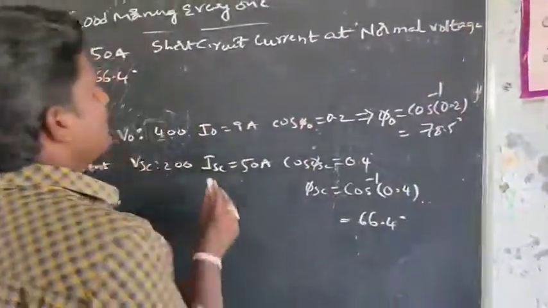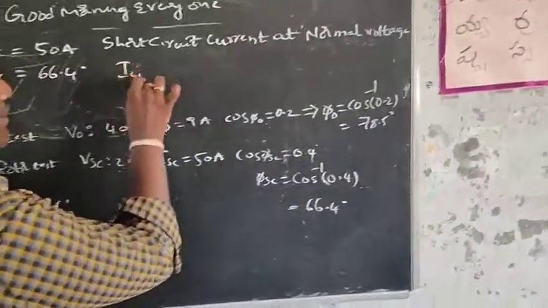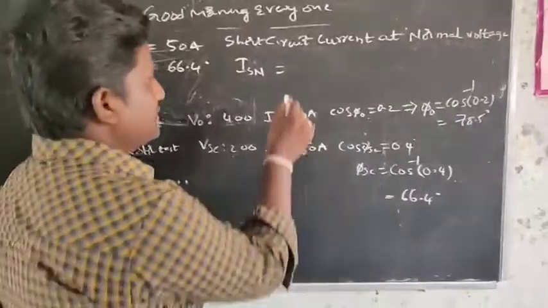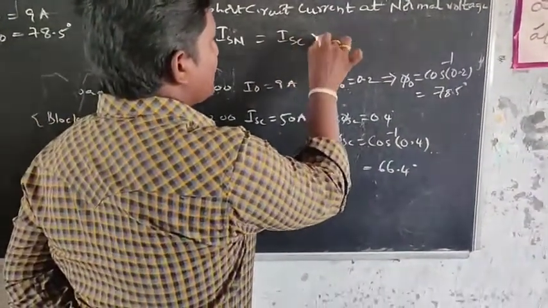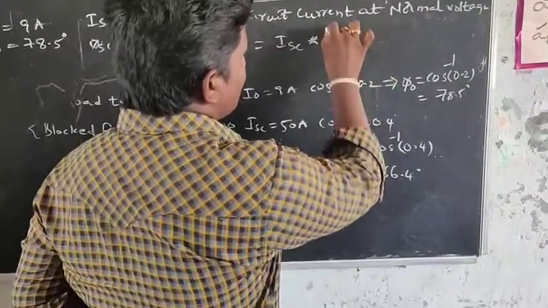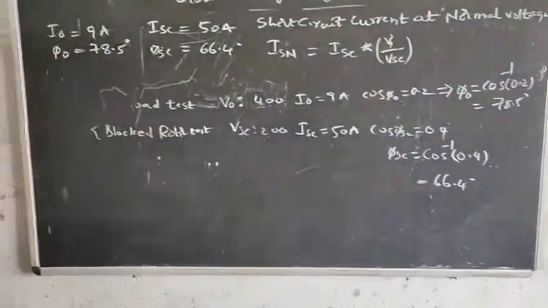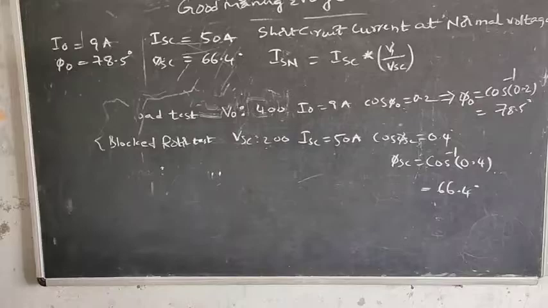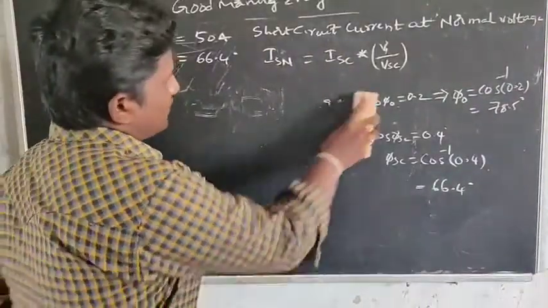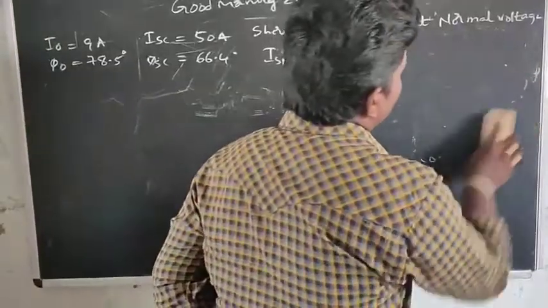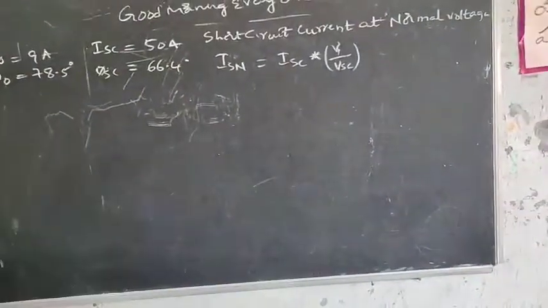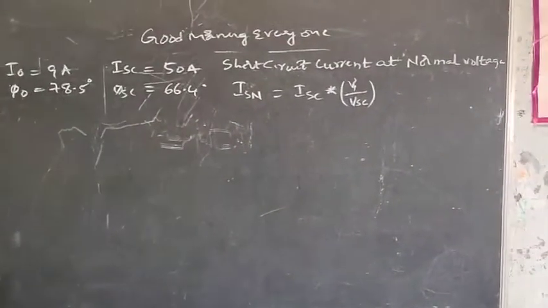What we have discussed, the formula: Isn equals Is times V1 by Vsc. I1 equals V1 by Vsc.